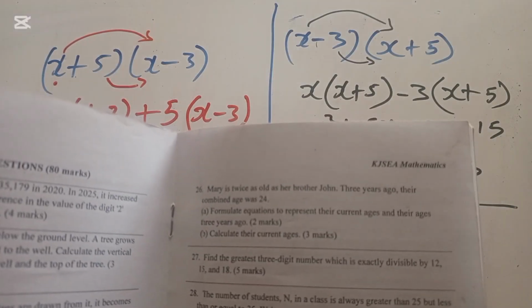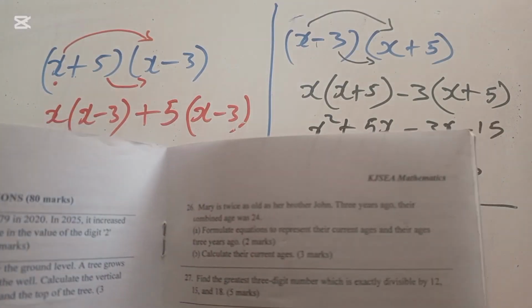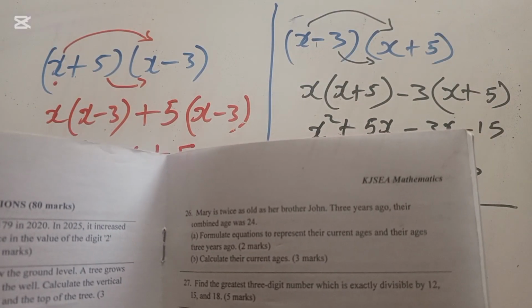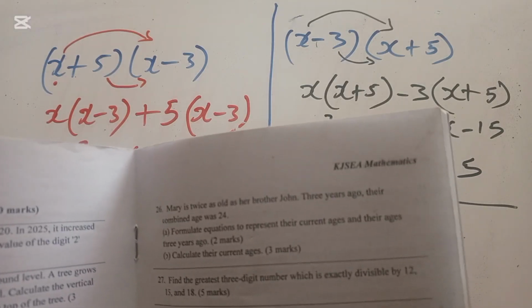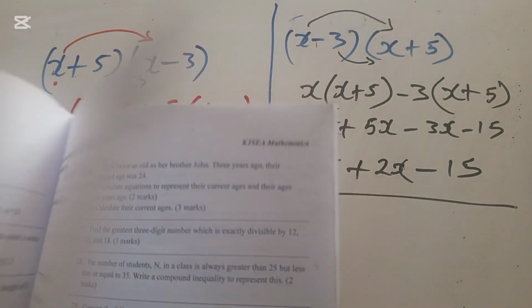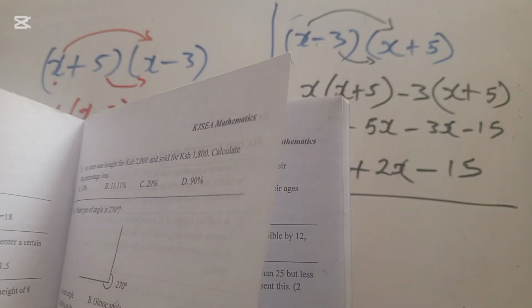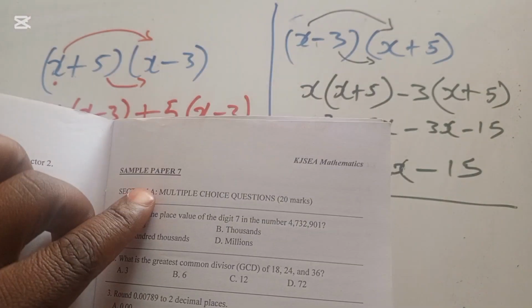So here I'm going to do question 26 and 27, so that you can learn how to formulate algebraic equations and how to solve them. This is test paper 7.